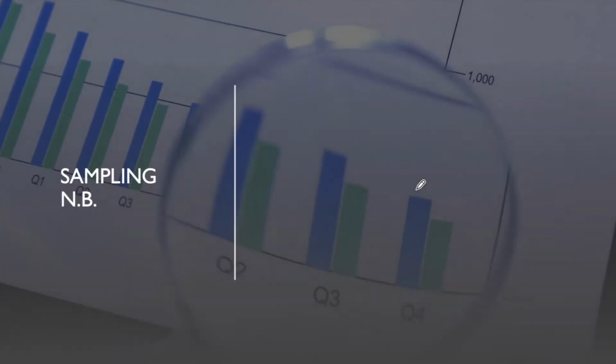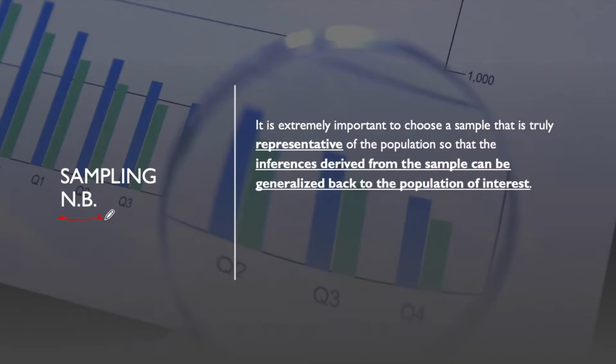Take note, nota bene, it is extremely important, like I always emphasize, to choose a sample that is truly representative of the population, so that the inferences and conclusions derived from this sample can be generalized back to the population of interest. This is a fairly simple statement, but it has a lot of meaning. Imagine this big circle is your population and this is your sample.